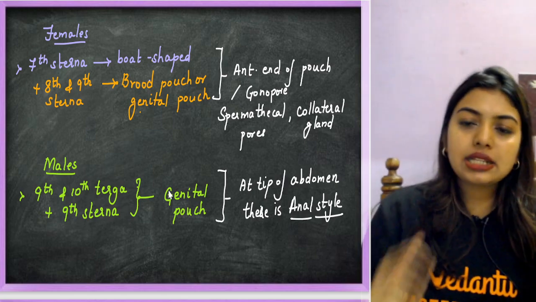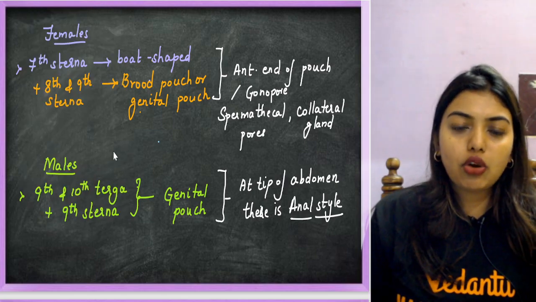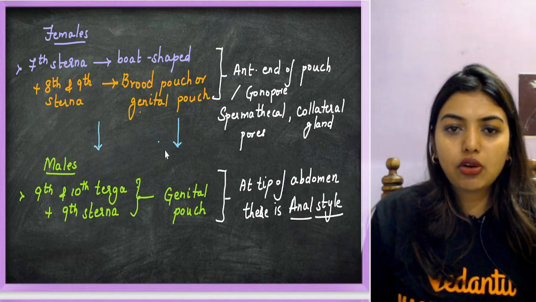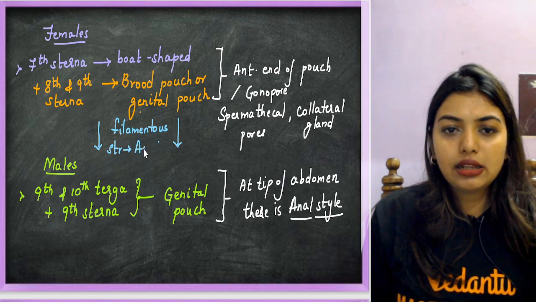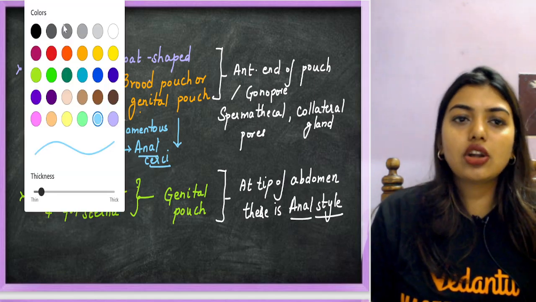Very important. Now for both of them in common, what do they have? In common, they have a filamentous structure called the anal cirri. This anal cirri is not just some fellow.